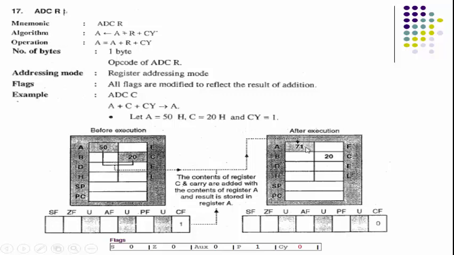If you write 71 in binary format, you will observe 4 logic 1s in the number. So 4 logic 1s means even parity. Due to the even parity, this parity flag bit is set and carry flag bit is 0.